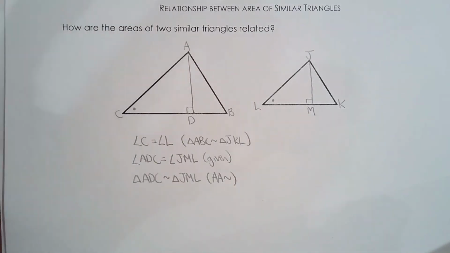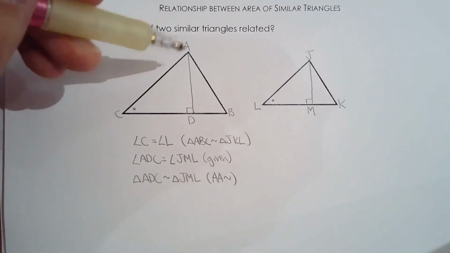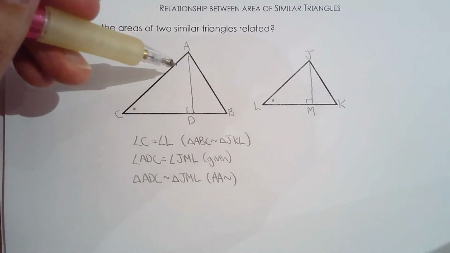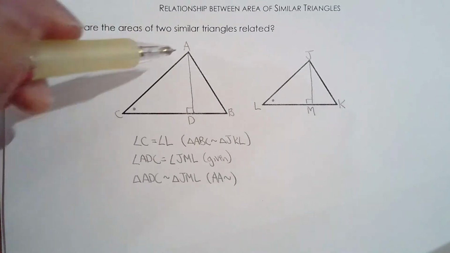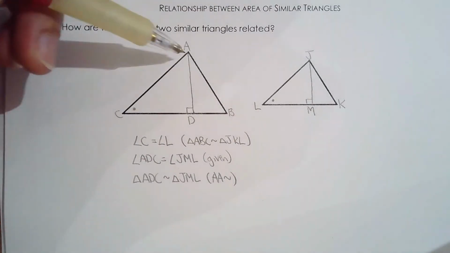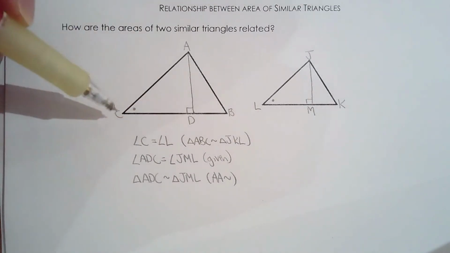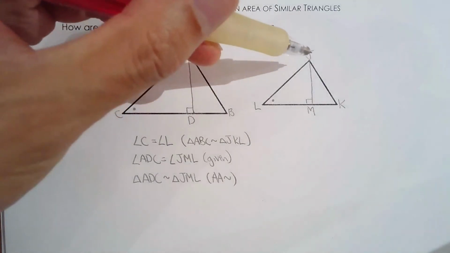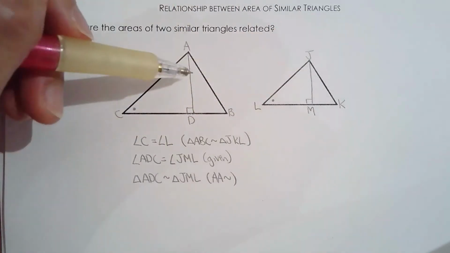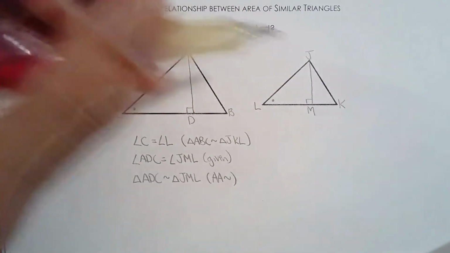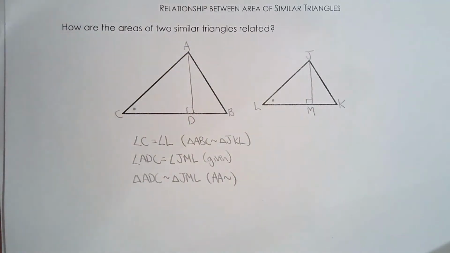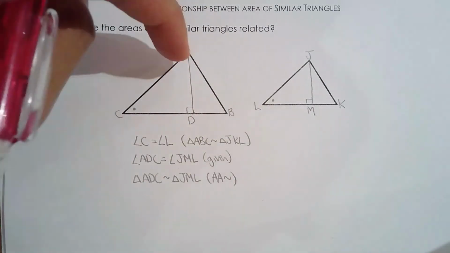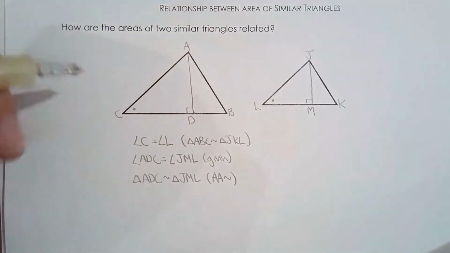Now, we're going to make not a big jump, but a very important jump here in our logic. Because triangle ADC is similar to triangle JML, we can actually make a pretty nice statement about the heights. Okay, so we know that the corresponding sides are proportional.